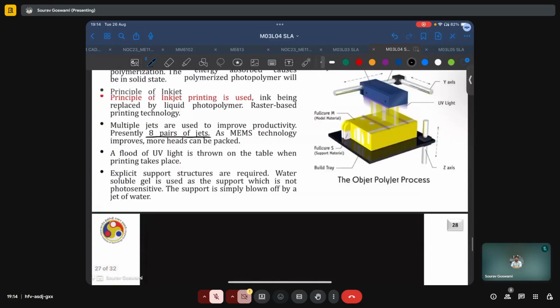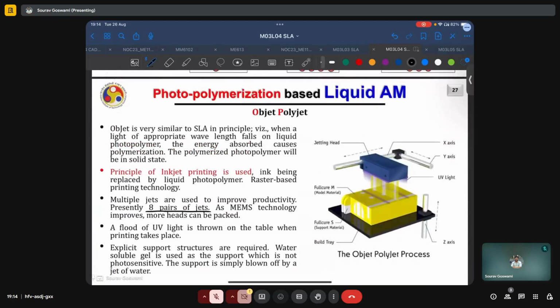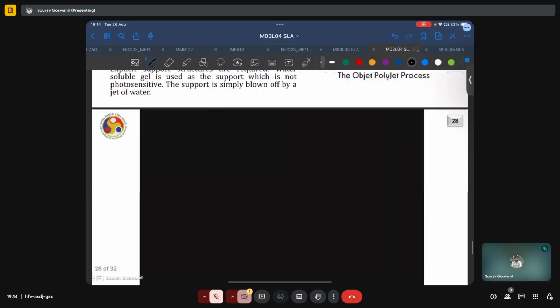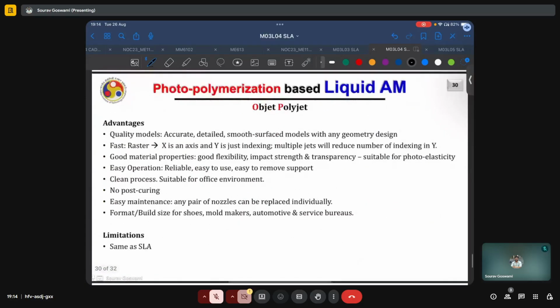We discussed how for such processes, the head can simply move by a fixed distance along any one axis as an indexing process, thereby making the process super fast. And then there are 8 deposition heads and multiple jets, which also reduces the number of indexing.